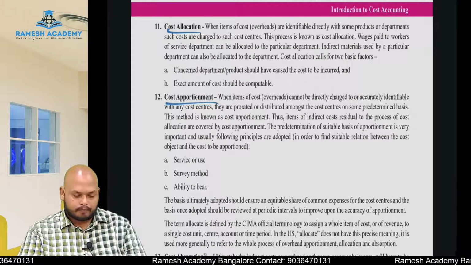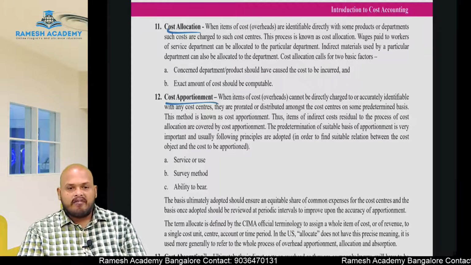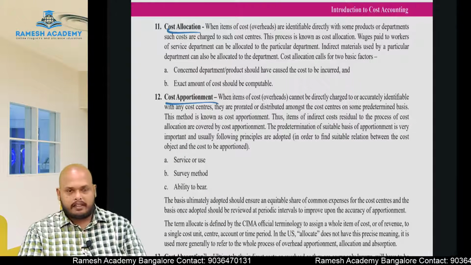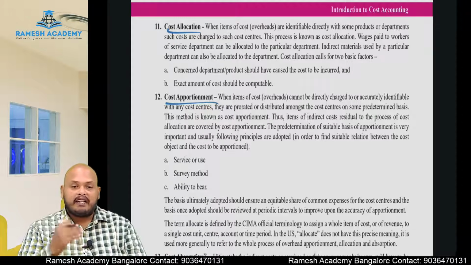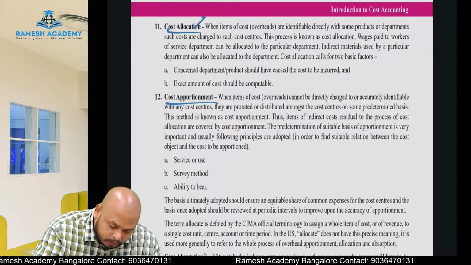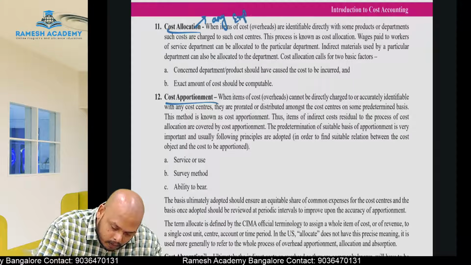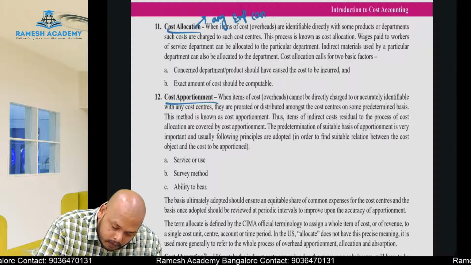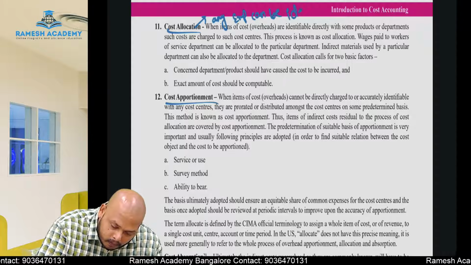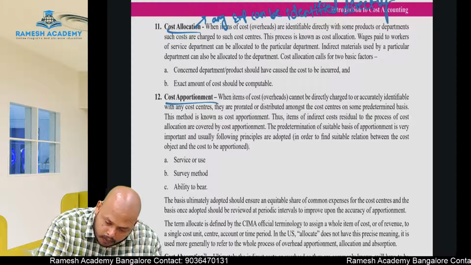Simple. Any expense which is in an identifiable stage, any expense which can be identified directly, we'll call it allocation.